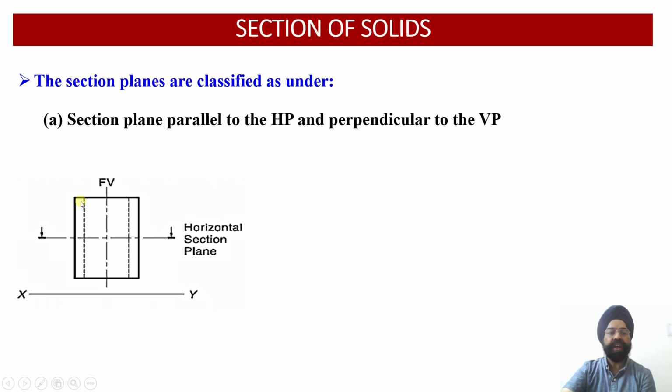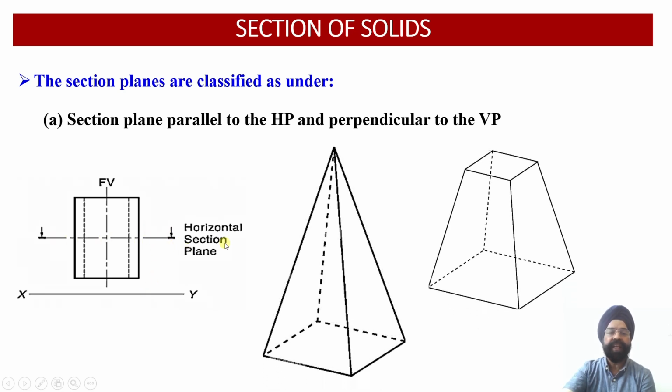This is a cylinder, or it can be a pipeline also. This has been cut by a cutting plane which happens to be parallel to the horizontal plane and perpendicular to the vertical plane. Third example, here we have a square pyramid, right? The square pyramid has also been cut by a cutting plane which happens to be parallel to the horizontal plane and perpendicular to the vertical plane.